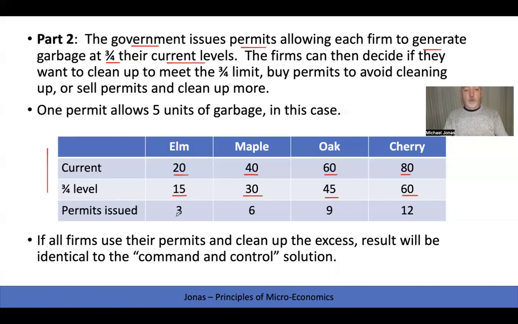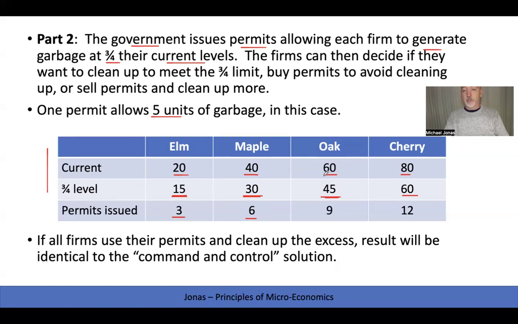So assuming that each permit allows that 5-unit chunk of garbage, the Elm firm is allowed to have 15 units of pollution, so it's going to need 3 permits. That will be its initial allotment. Maple started with 40, 75% of that is 30. That's what the government allows, so it'll give that firm 6 permits. 6 times 5 will allow 30 units of pollution, so on and so forth.